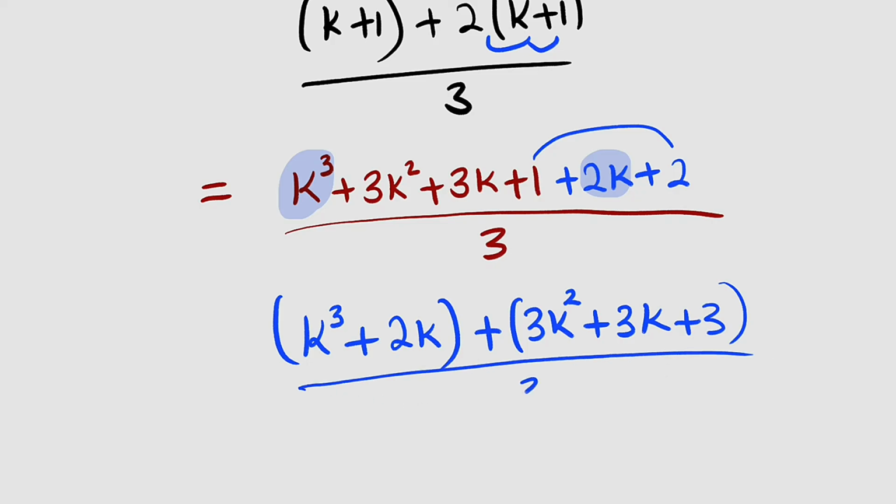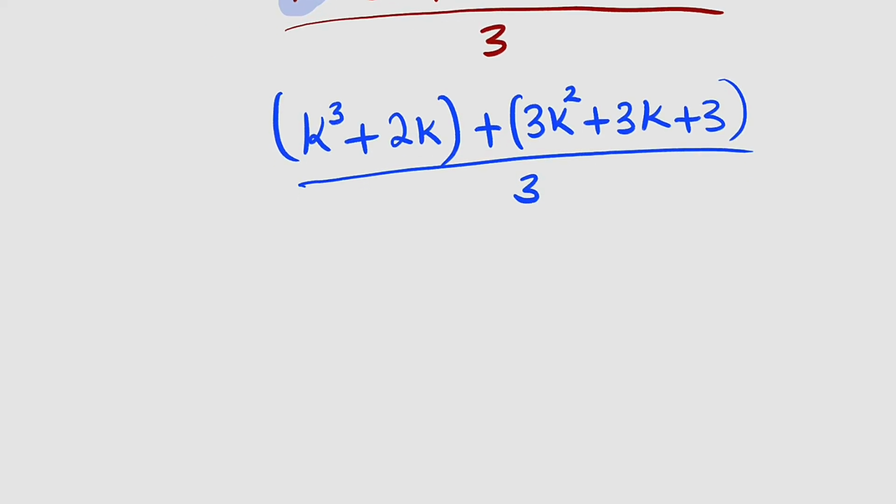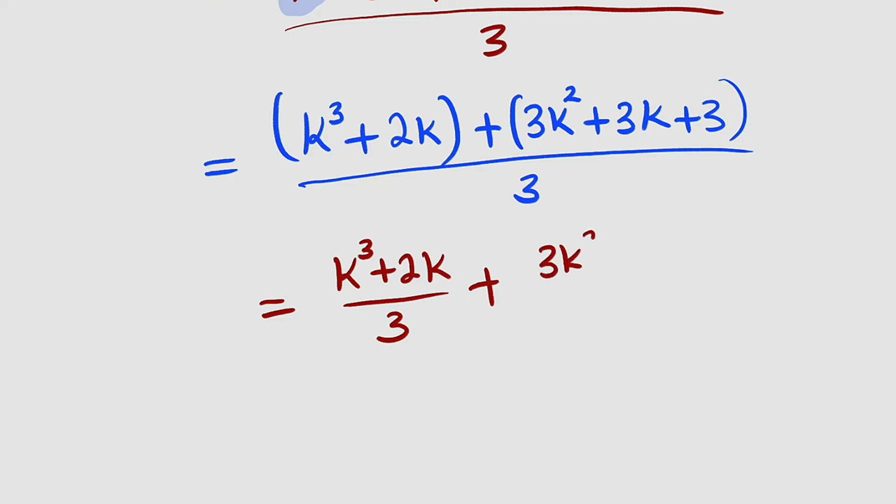Divide by 3. We are still proving. So we can split the fractions, right? If you split the fractions, you have k to the third power plus 2k divided by 3, then plus the other one, 3k squared plus 3k plus 3, also divided by 3.